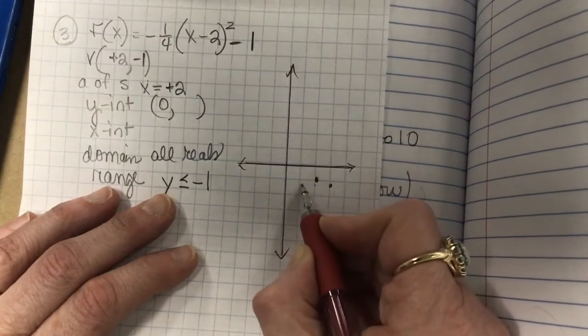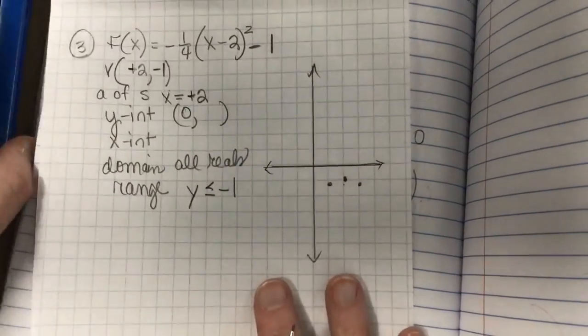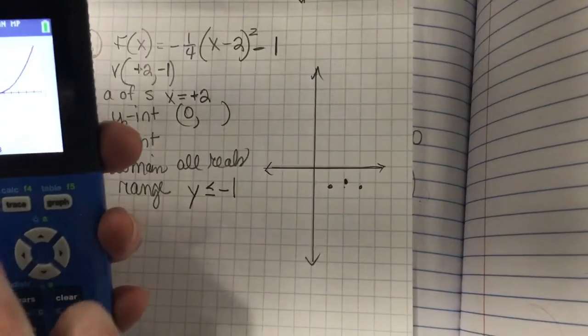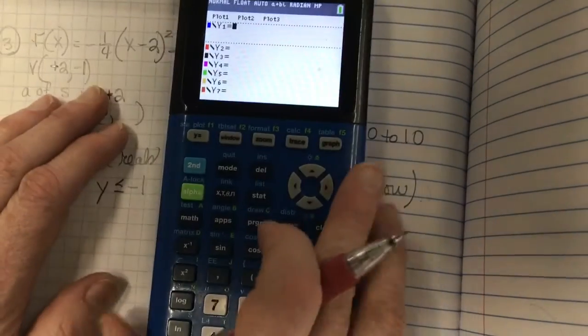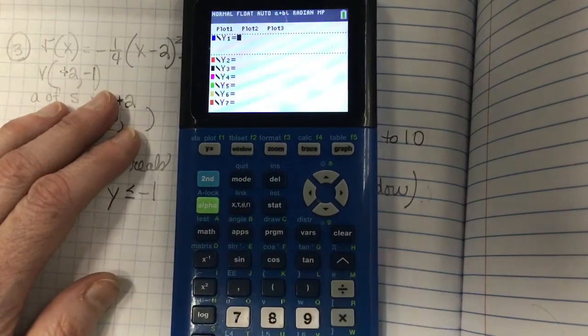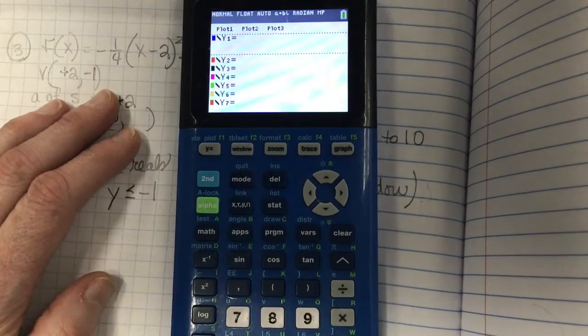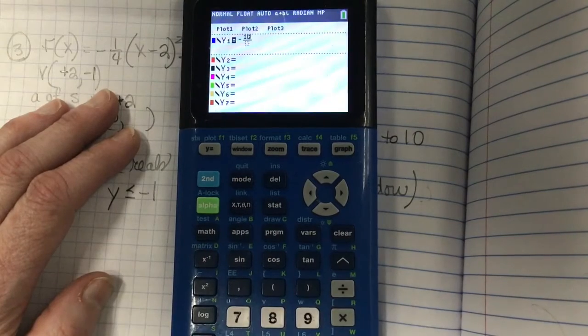And over 1, over 1. Anybody graphed it yet? If you do, you already know your y-intercept, and you can include that in your graph. When you type that -1/4, you can either put the negative in front of the fraction, or you can put it with the top or the bottom.